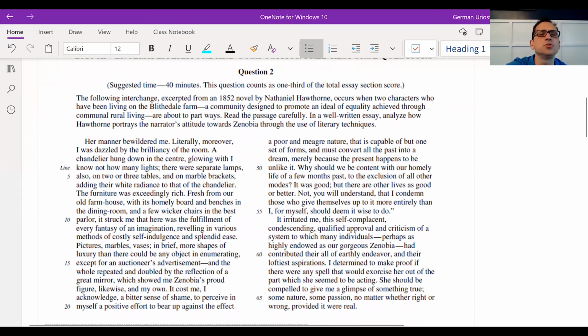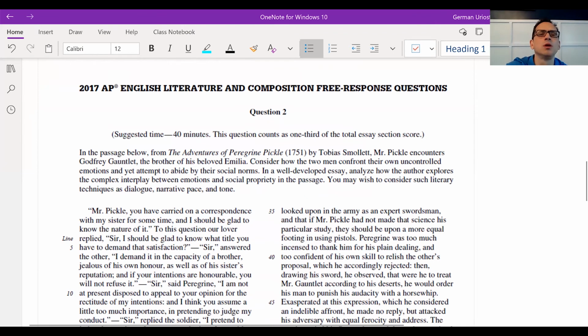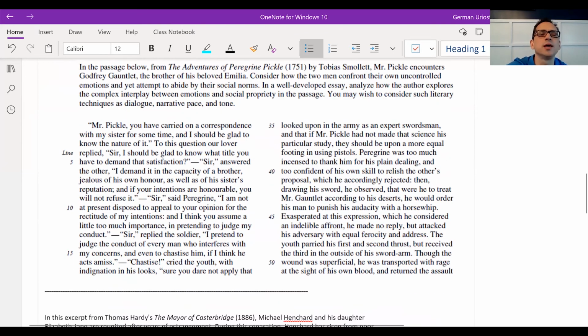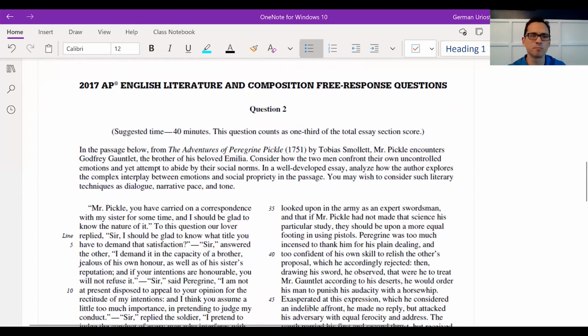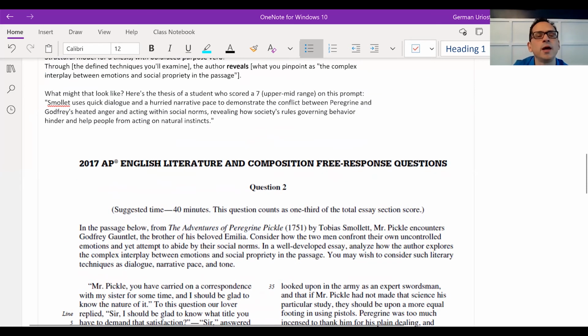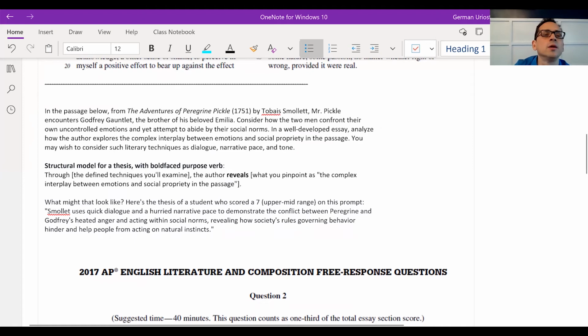Here is the 2017 passage, part of the passage at least, and there is the prompt. Again, we're looking closely at the prompt itself, right? And I have front-loaded that prompt right here. Let's take a look at that. In the passage below, from The Adventures of Peregrine Pickle by Smollett, I've not read that, I will confess, Mr. Pickle encounters Godfrey Gauntlet, the brother of his beloved Amelia.